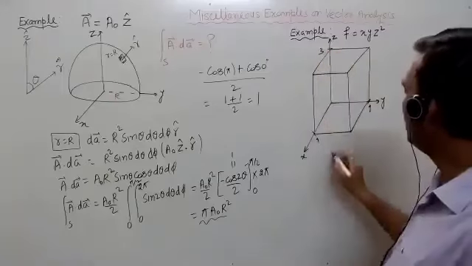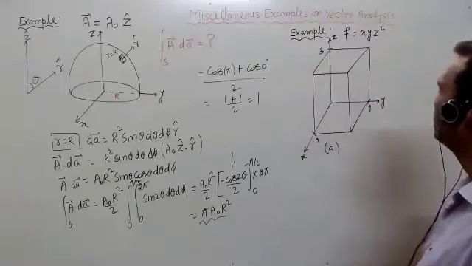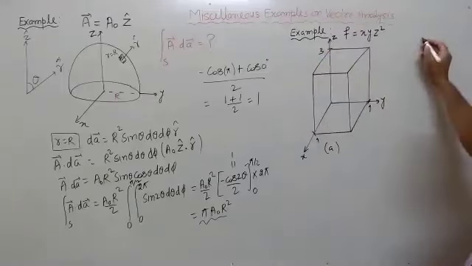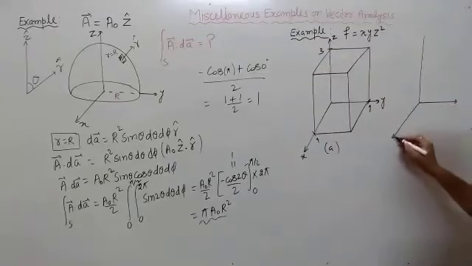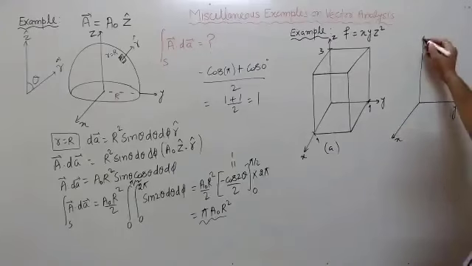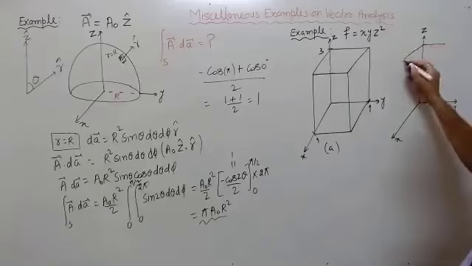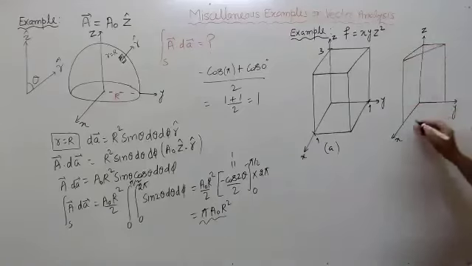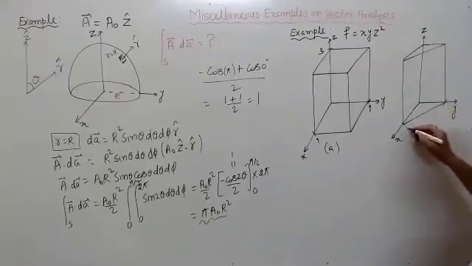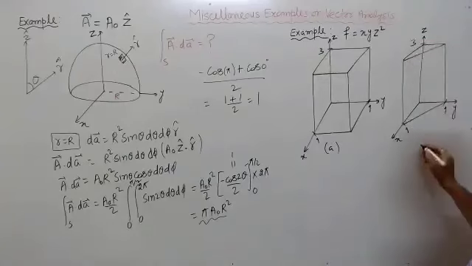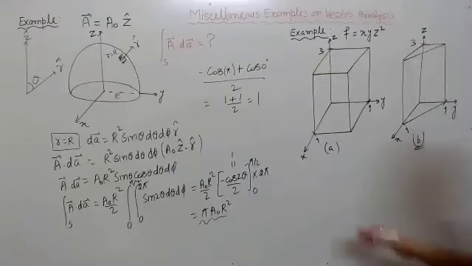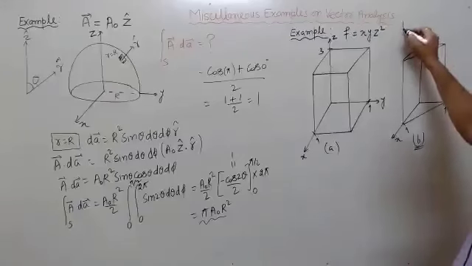This is the cubical volume. This is the A part, and you have the B part also. In the B part, this volume is a prism. Again, this side is 1, this is 1, and this is 3. So this is B. A is a cubical volume and B is a prism.